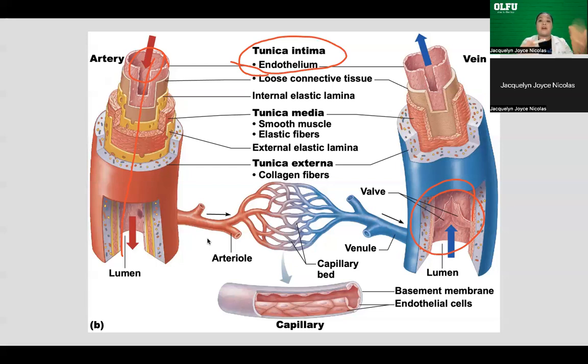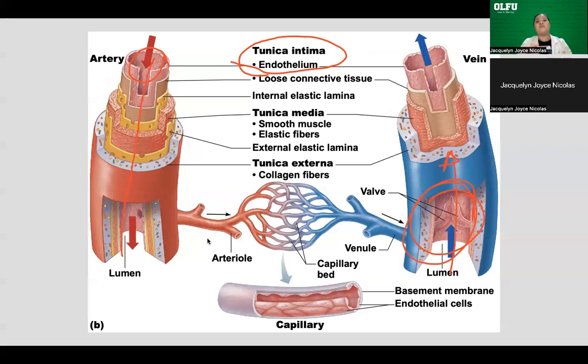Blood flow in the artery is brought about by the pumping action of the heart, while the blood flow in the vein is way away from the heart. So definitely the pressure is very low. That's why the purpose of the valve is to push the blood upwards through muscle movement.